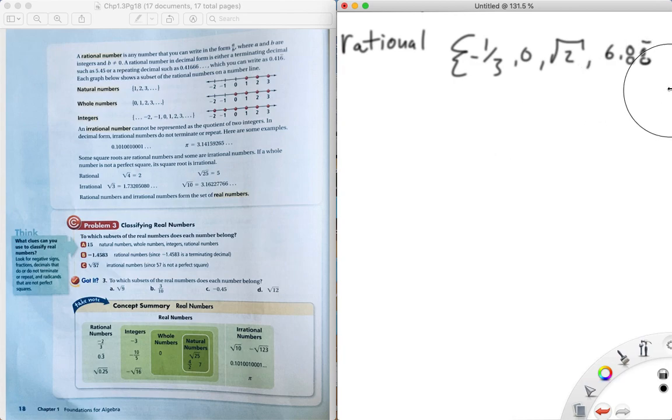Actually, I wrote that wrong, 6.8 bar, ... So, positive and negative, includes 0.